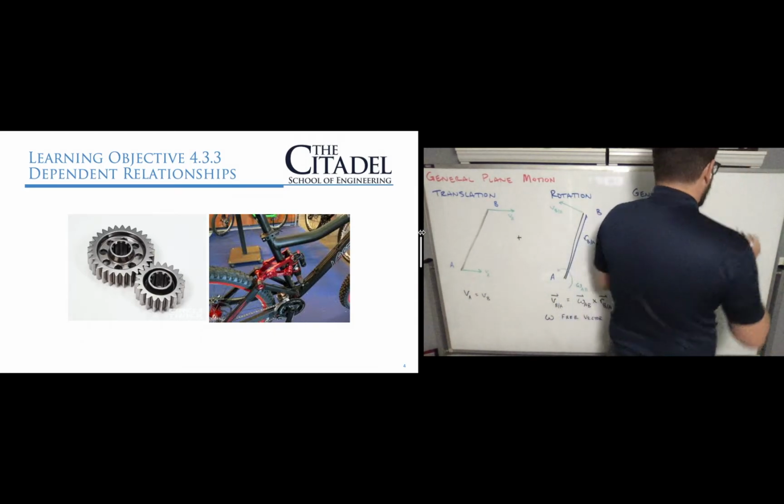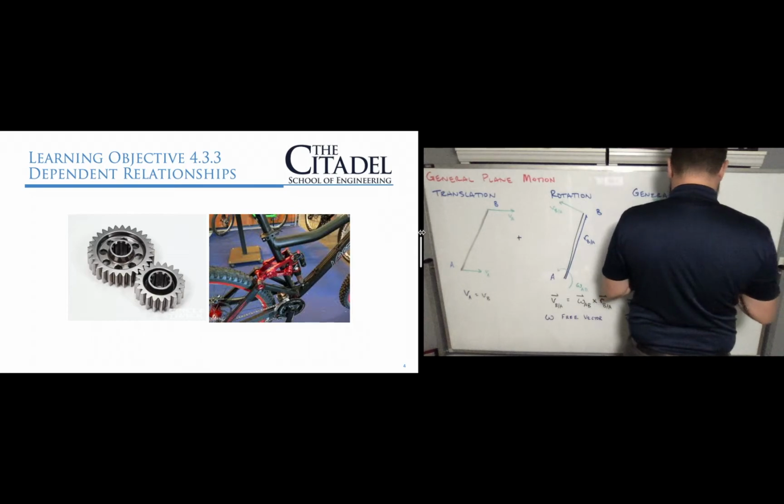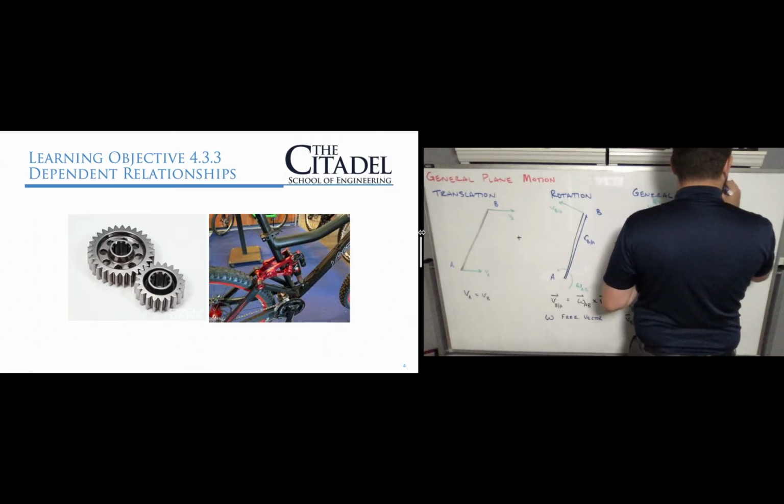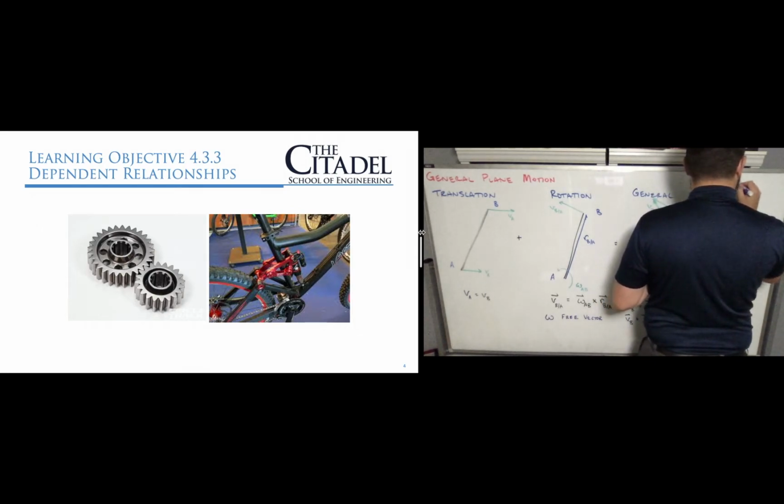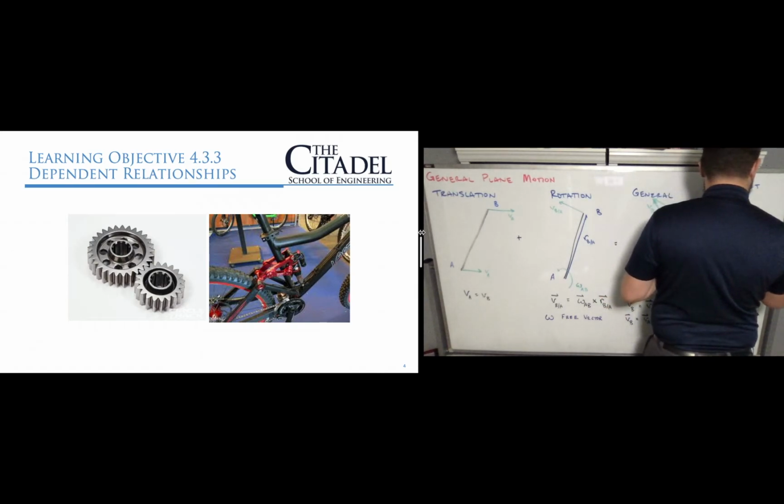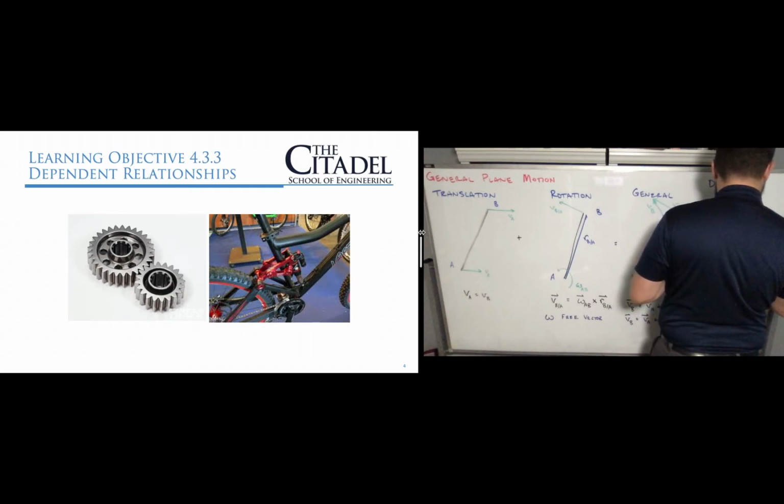So if I have 2 non-slip surfaces, dependent motion, just like pulleys, except this is a lot less complicated. Dependent motion, non-slip, cogs, gears, wheels.